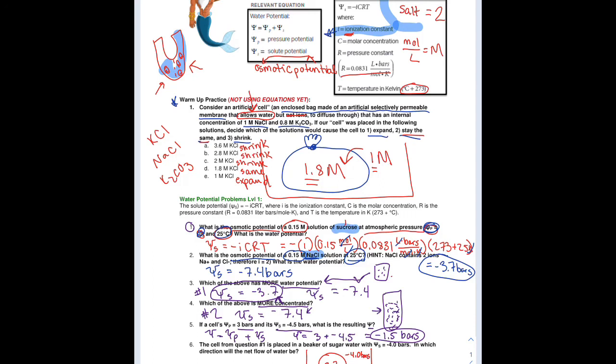So looking at these little rough sketches up here, if we know that the lower number, negative 4.0, means it has more solute there, what does that mean for our water? Well, water goes toward the higher concentration of solute, so it should move out of our cell. It would be out of our cell and into the beaker of sugar.